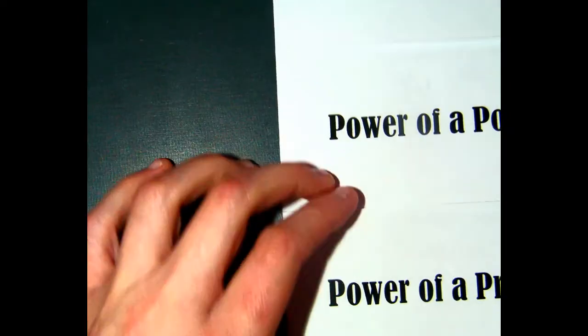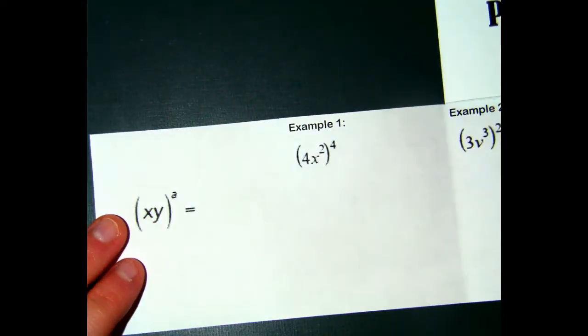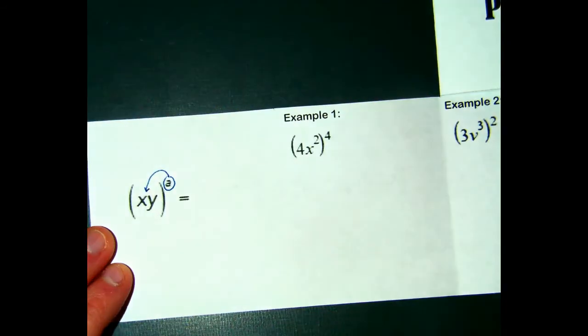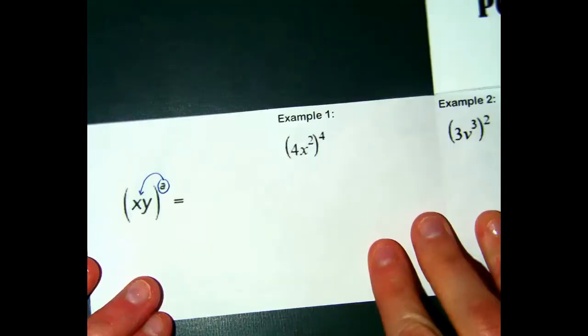Now, the power of a product. Power of a product is very similar to power of a power. There's a reason I told you about the distributive property, because that is what a power of a product really is: distributing it to everything inside the parentheses.